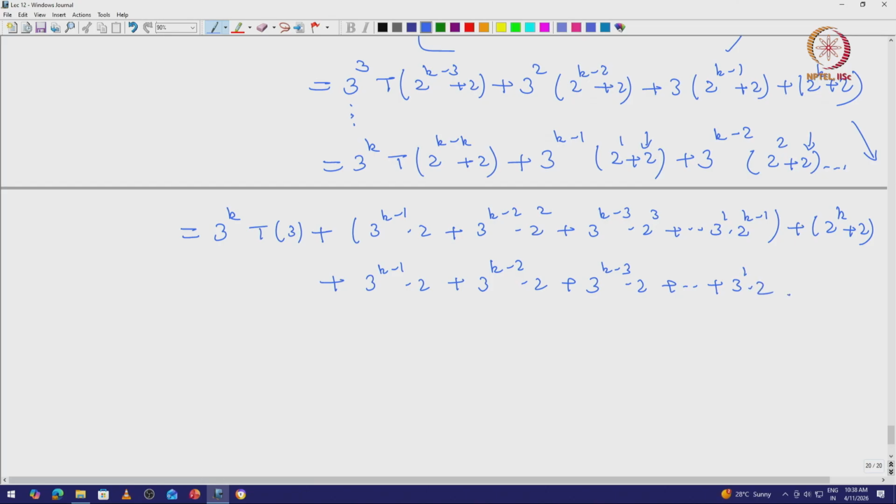So, we have several terms, we can compute each one of them.